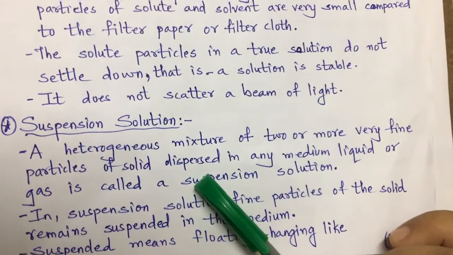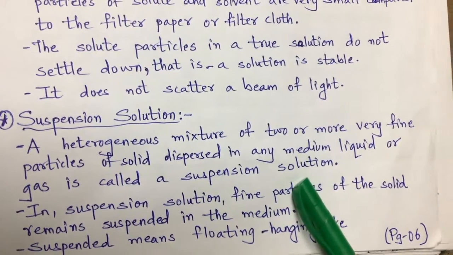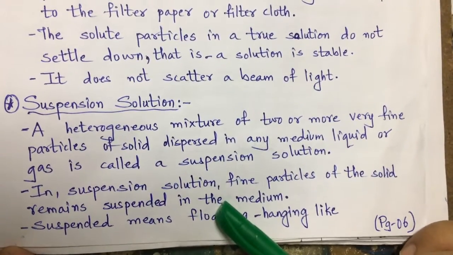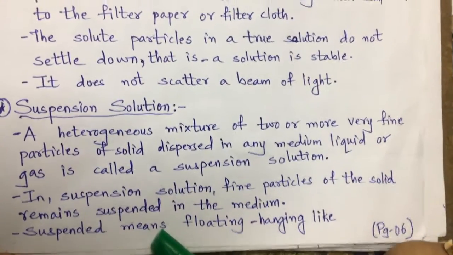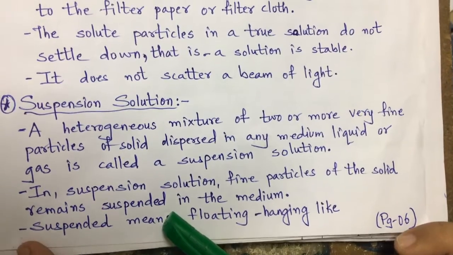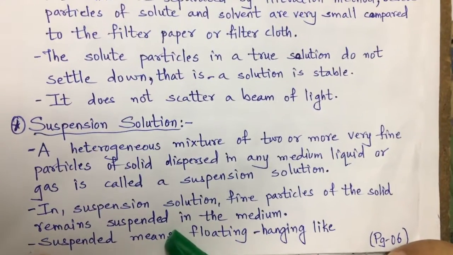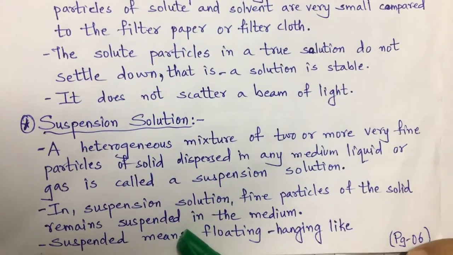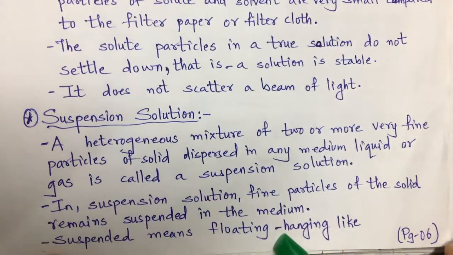Dispersed, that means distributed, is called a suspension solution. In suspension solution, fine particles of the solid remain suspended in the medium. That means those solid particles, unlike a true solution, will not completely disperse or mix, but somewhere they remain floating throughout the solution.